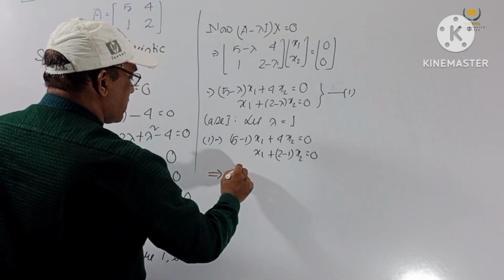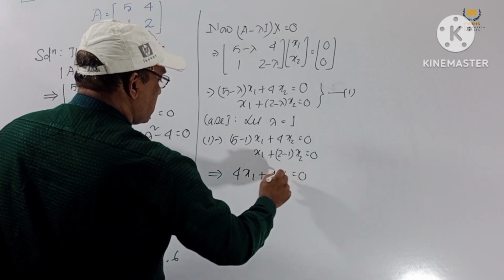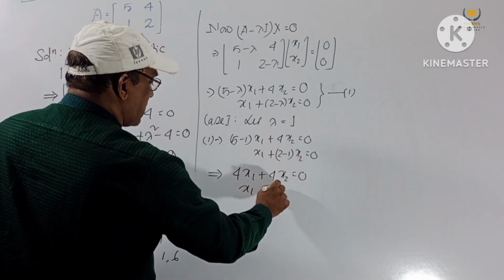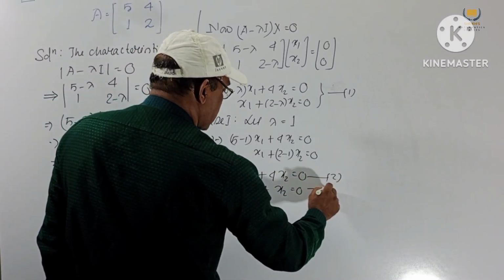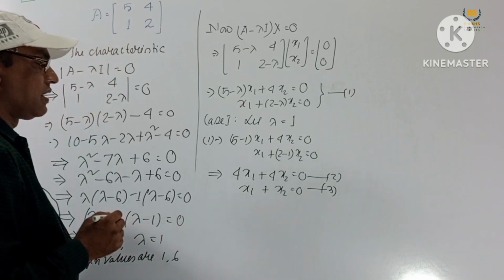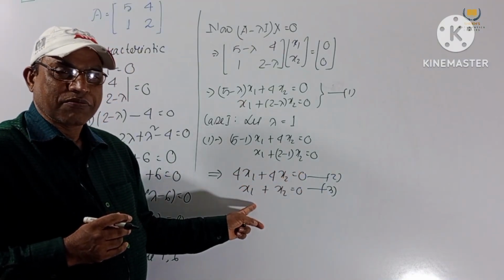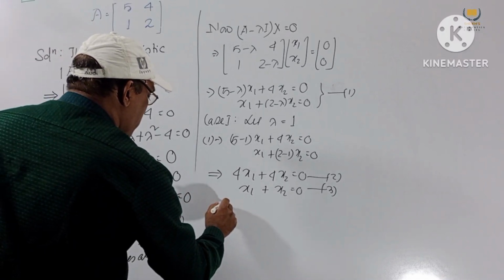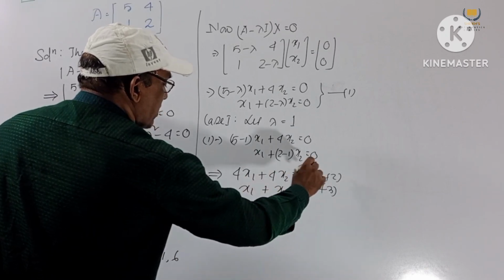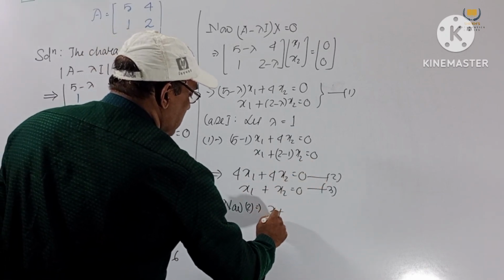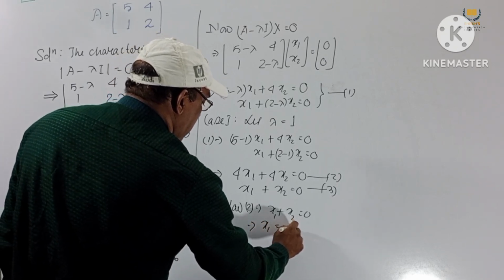So this implies we get 4x1 plus 4x2 equal to 0, and x1 plus x2 equal to 0. This is number 2, this is number 3. If we divide the first equation by 4, we again get the same equation. So x1 plus x2 equal to 0, x1 equal to minus x2.